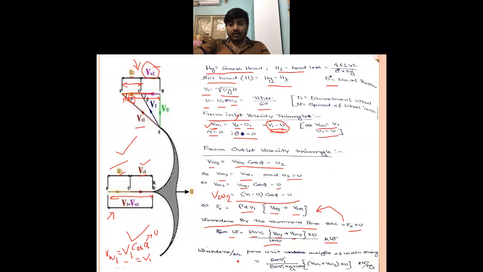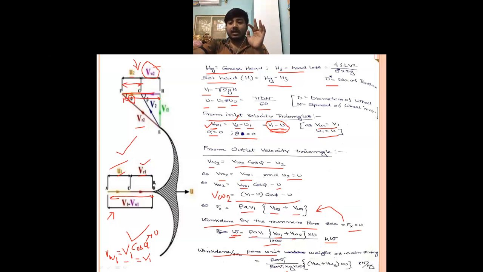Now, what is the work done per unit weight of water striking? That means, how much water is striking, and what is the work done per second on the basis of per unit weight. This is very simple. Just divide this work done per second by the weight, that is m into g, and m you know is rho a V1.